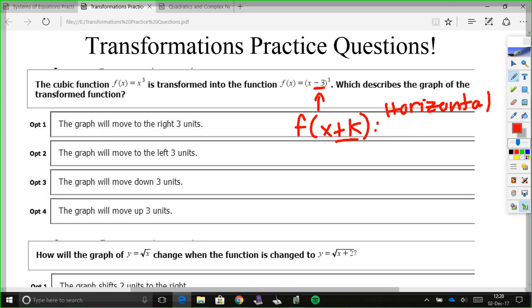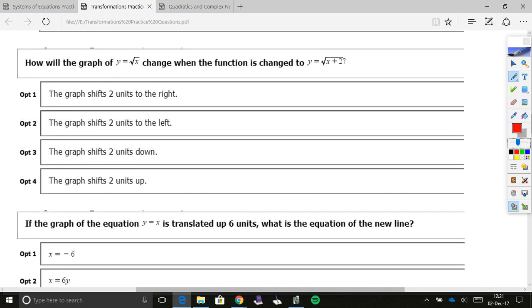It's going to either move left or right. And just to repeat myself, plus k means it moves to the left, and then minus that number means it moves to the right. So we have a minus 3, so it would mean it's moving to the right 3. All right, so there's your answer.